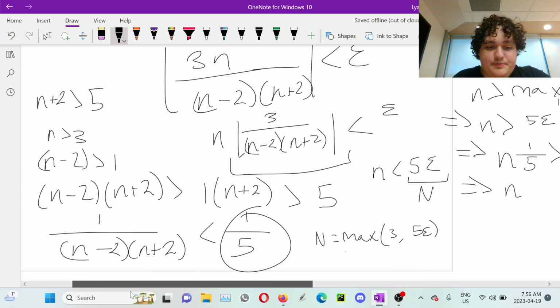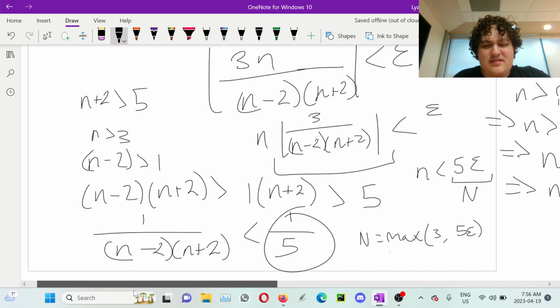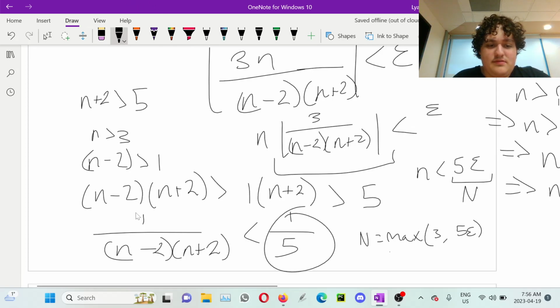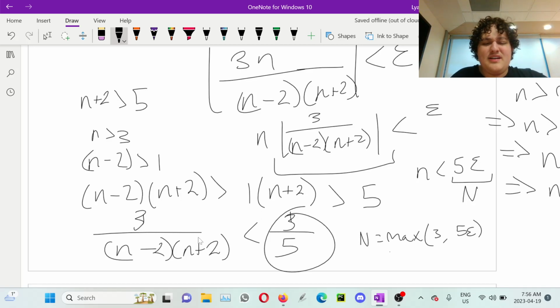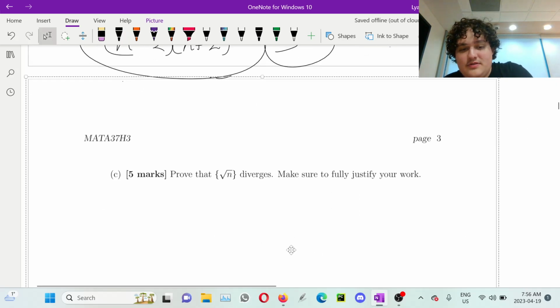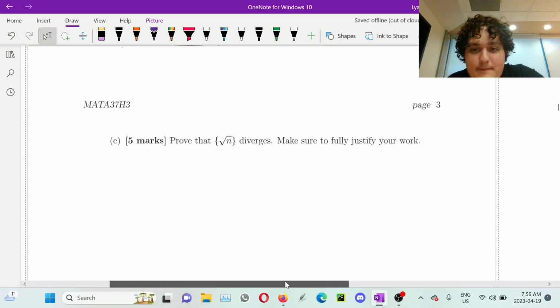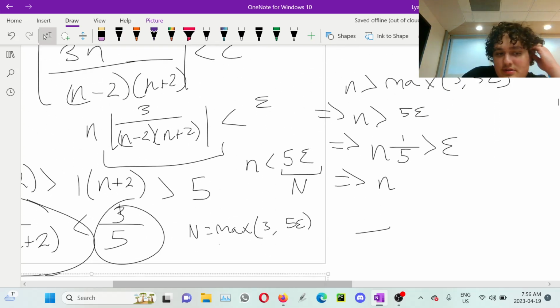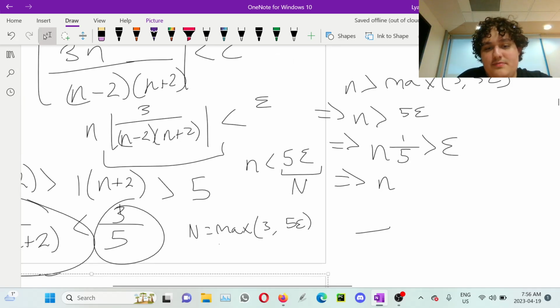First of all, I should have multiplied both sides by 3. That's my bad. Okay. And because n is greater than 3, we know this is positive, so the absolutes were kind of redundant. Sorry. Can I use my arrows? Okay. So then, since it was 3 over 5, this should be 5 over 3.